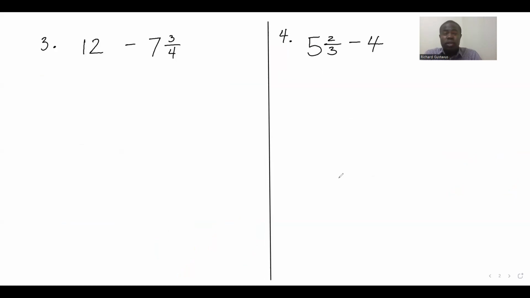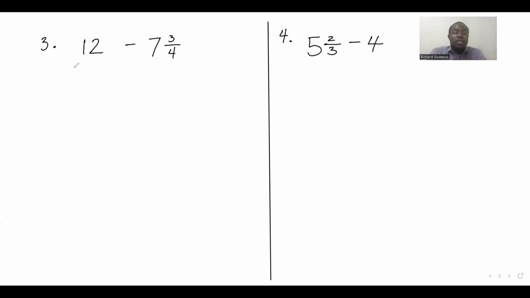Now, in example 3, we have 12 minus 7 and 3/4. It's very essential for us to know what a mixed number is. It is simple, the sum of a whole number and a common fraction. To be more specific, it's the sum of a whole number and a proper fraction.